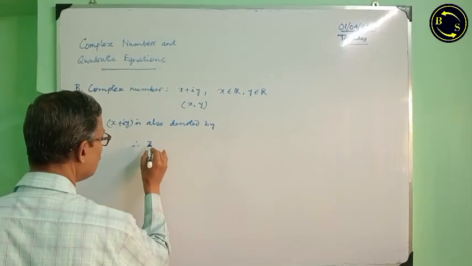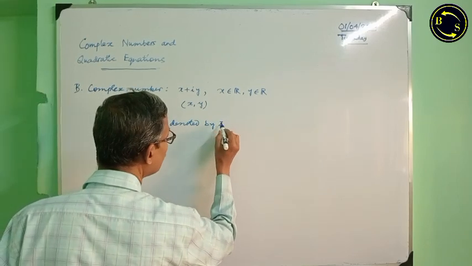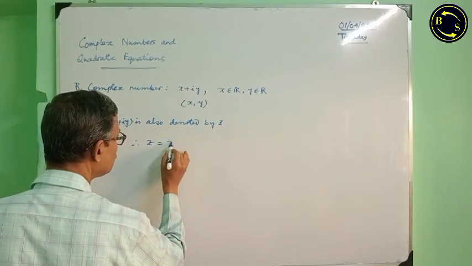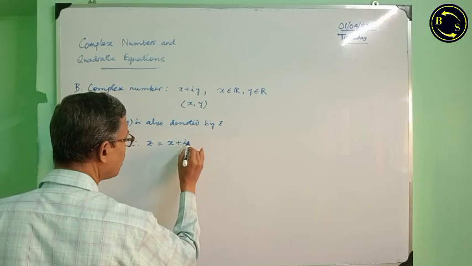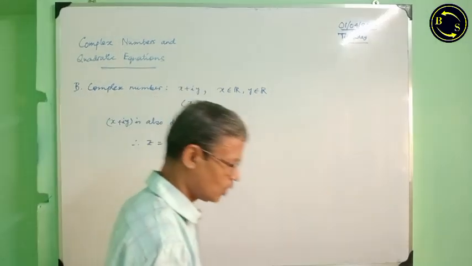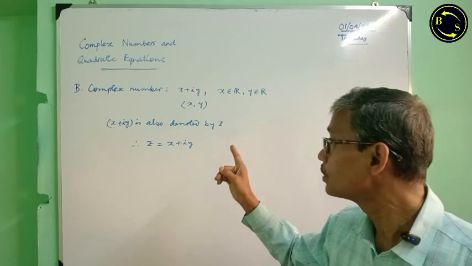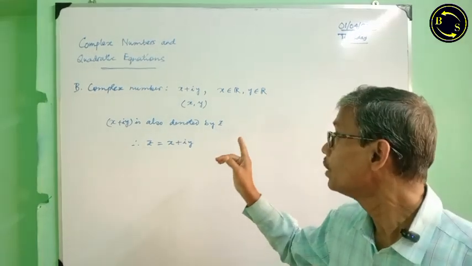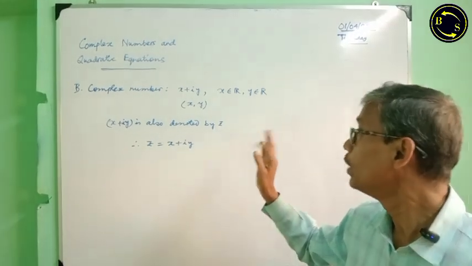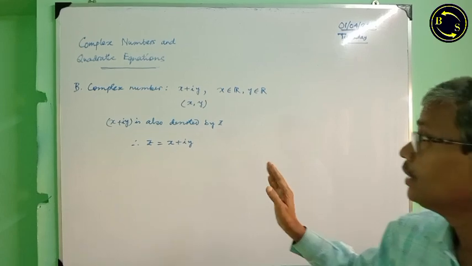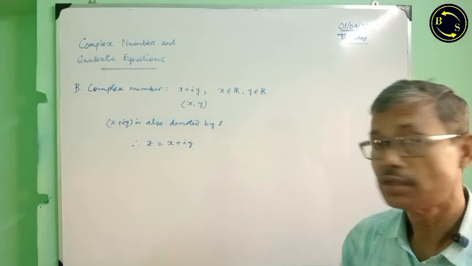Therefore, z is equal to x plus iy. The number which can be expressed in the form x plus iy, or by the ordered pair (x, y), where x, y both are real, is called a complex number.